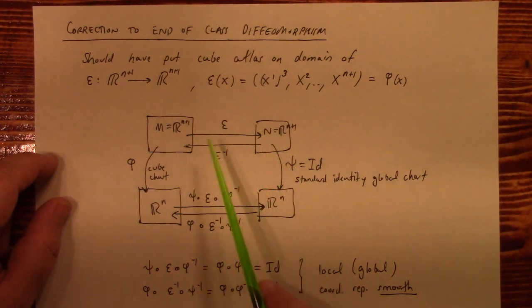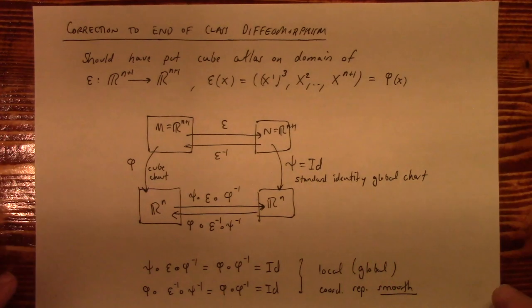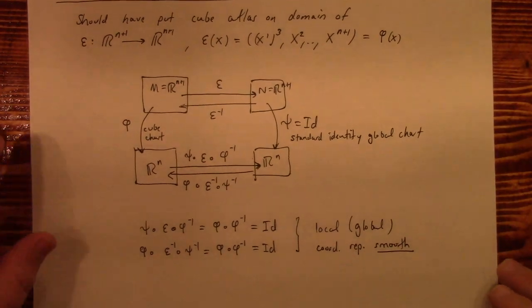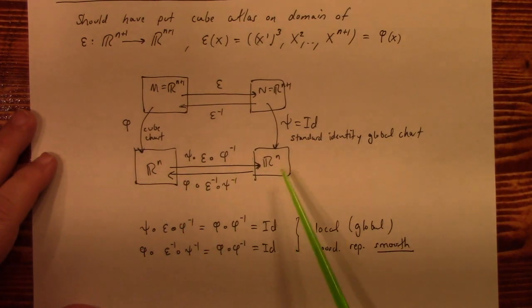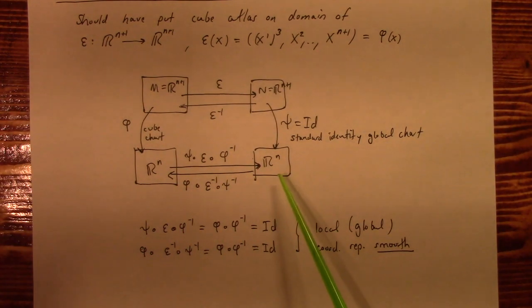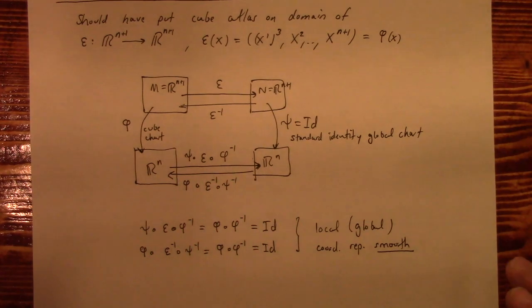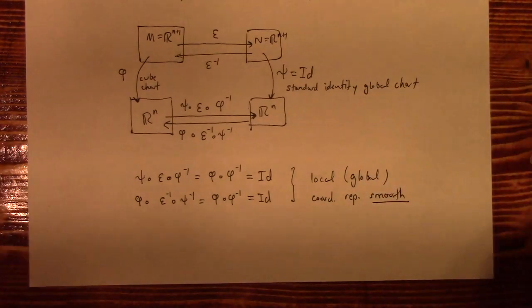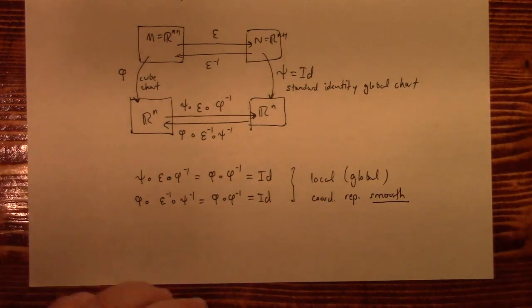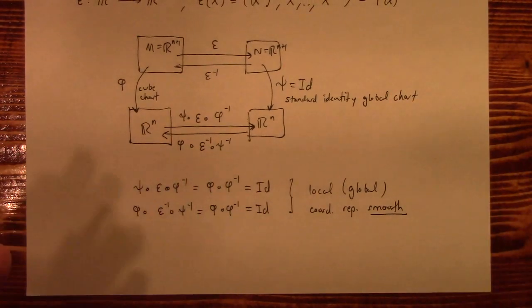If you do that, then that makes it a genuine diffeomorphism of Rn with the cube smooth structure versus Rn with the standard smooth structure. So they are in fact diffeomorphic, and we were really close to it. I mean, if I could just read Jeffrey Lee's book as it's plainly written, then we'd be fine. So that's that.